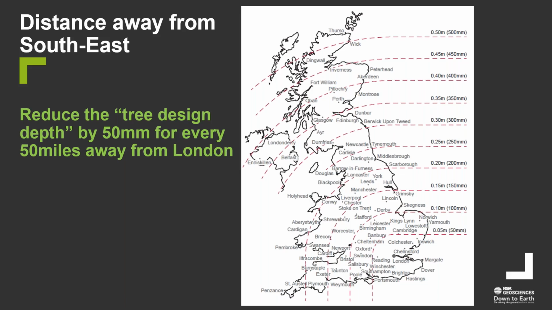But the principle generally is that for every 50 miles away from London, there is a relaxation by 50 millimeters on the maximum foundation depth required according to the charts. So we're still looking at the minimum shrinkage depths, but if you've got a tree impacted design, then you can reduce the depth requirements by these factors, taking recognition of the fact that we're further away from the high climate change risk part of the UK in the southeast.